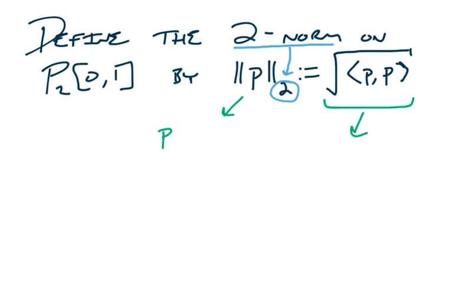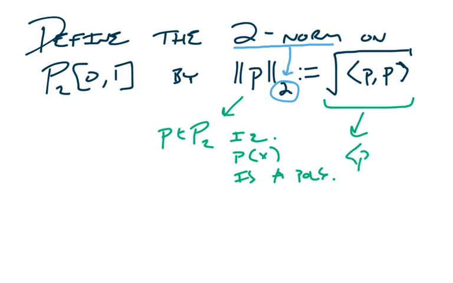So again, P is in P2, meaning that P is a function. It's in particular a polynomial, but it's a function. And so the inner product of P with itself looks like the integral from 0 to 1 of P times P dx.